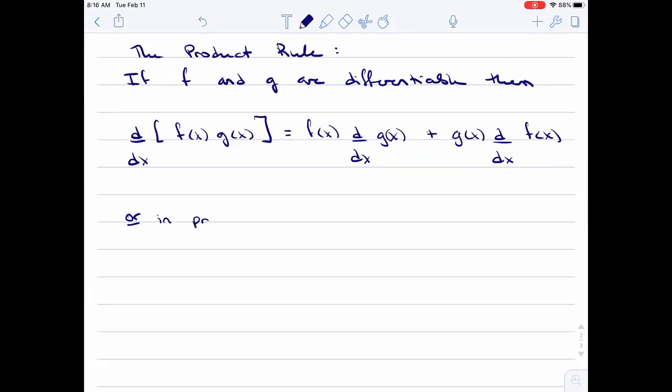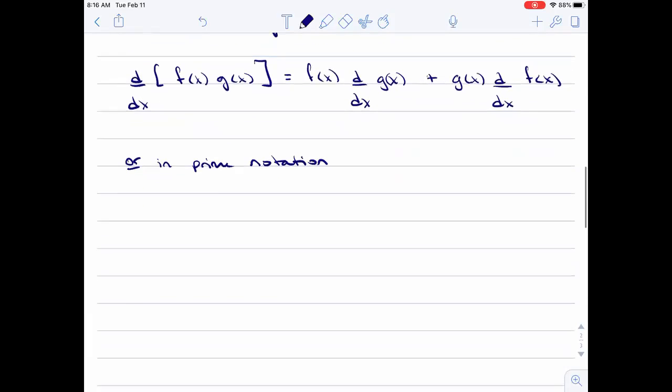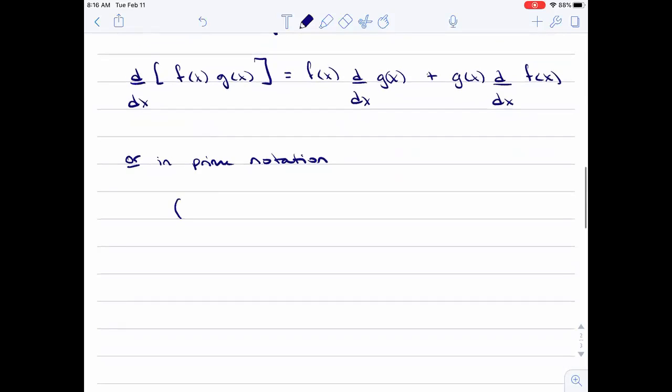Or in prime notation, (f g)' is f g' plus g f'.